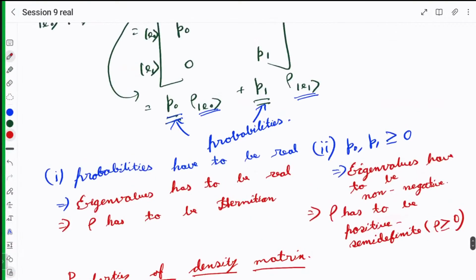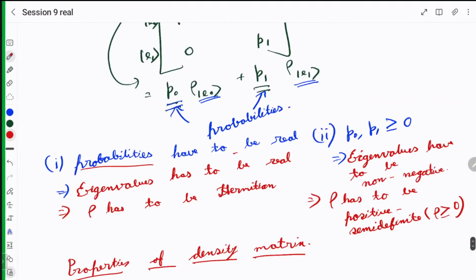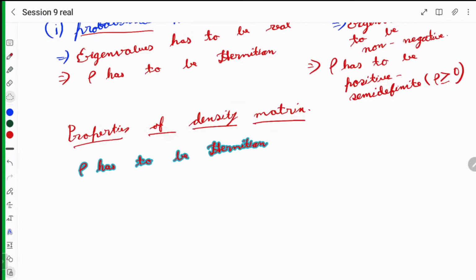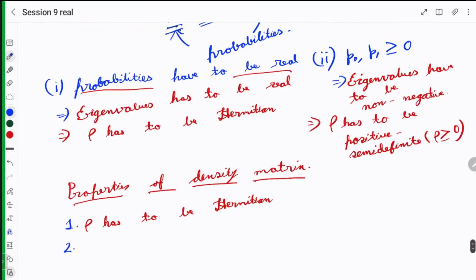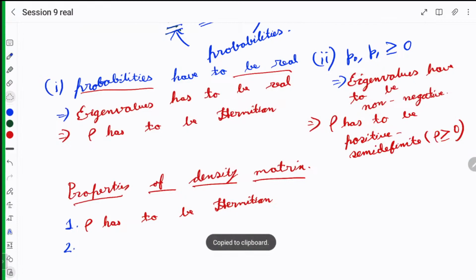One thing that we saw from the fact that the probabilities have to be real is that rho has to be Hermitian. So this is the first property. From the fact that the probabilities are non-negative, we found out that rho has to be positive semi-definite, or in other words, its eigenvalues have to be non-negative.